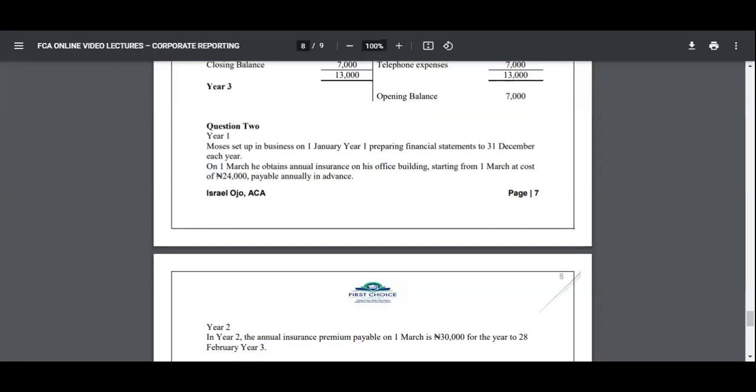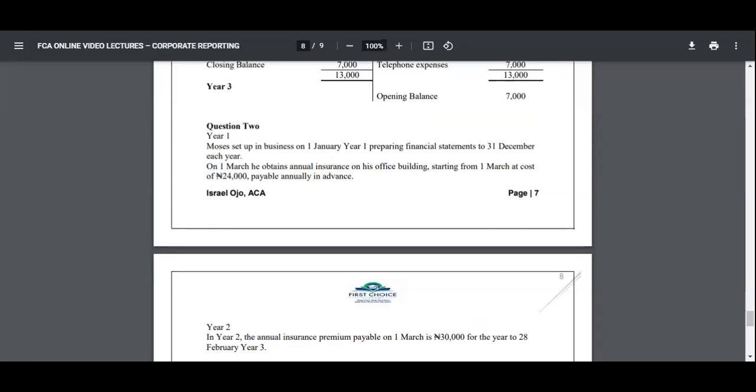Can we look at question 2? Moses set up in a business on 1st January year 1, preparing financial statements on 31st December each year. On 1st March, he obtained annual insurance on his office building starting from 1st March at a cost of 24,000 naira, payable annually in advance.